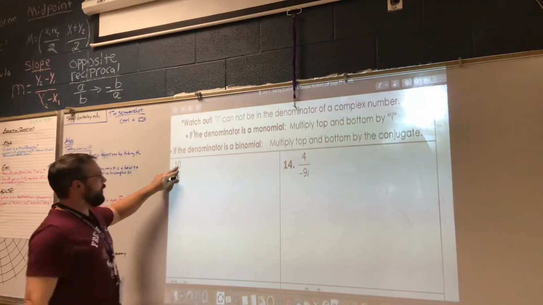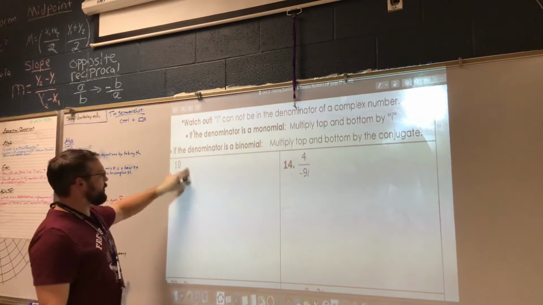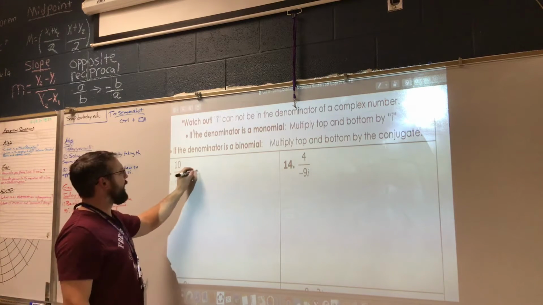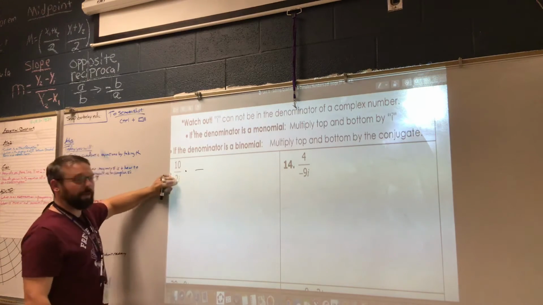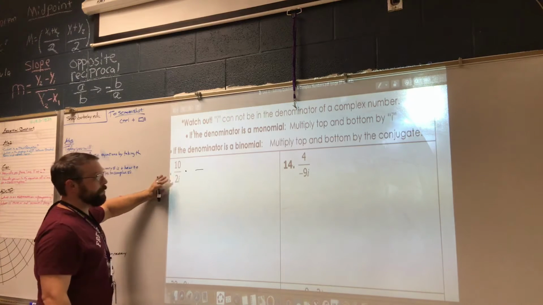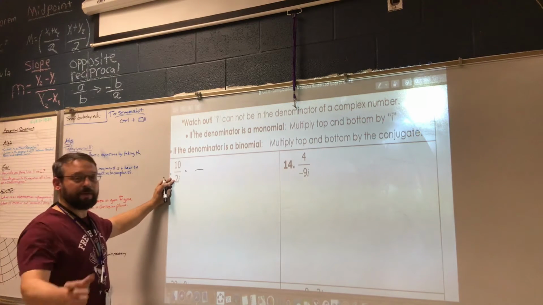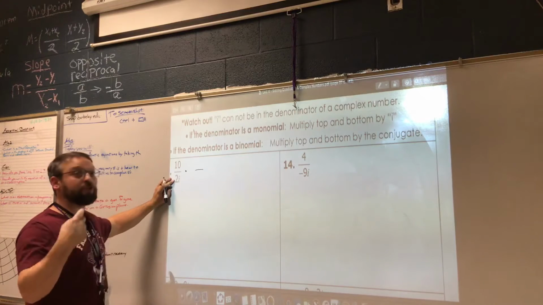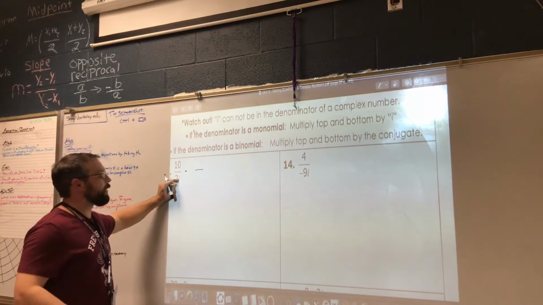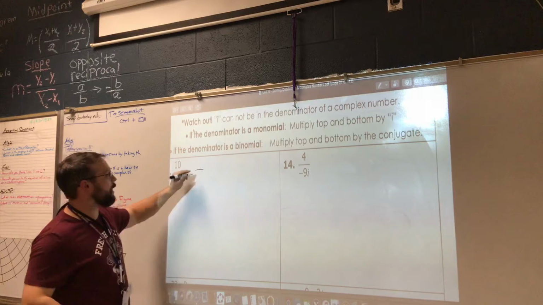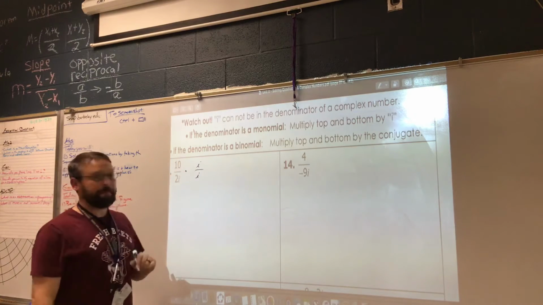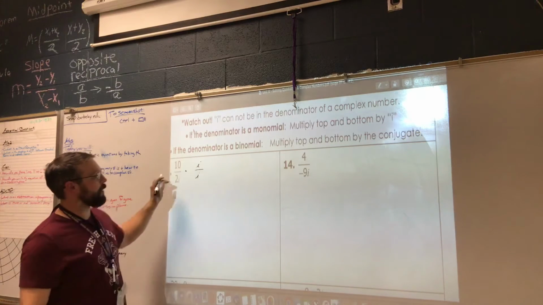So number 13 here, I'll use this as my example. If I have a monomial in my denominator, remember, the prefix mono means one, so one term, what I'll do is multiply both top and bottom by i. Then I'll just multiply straight across.